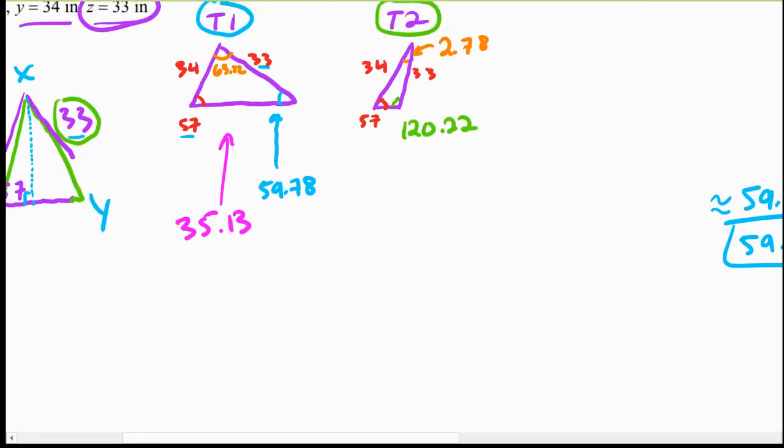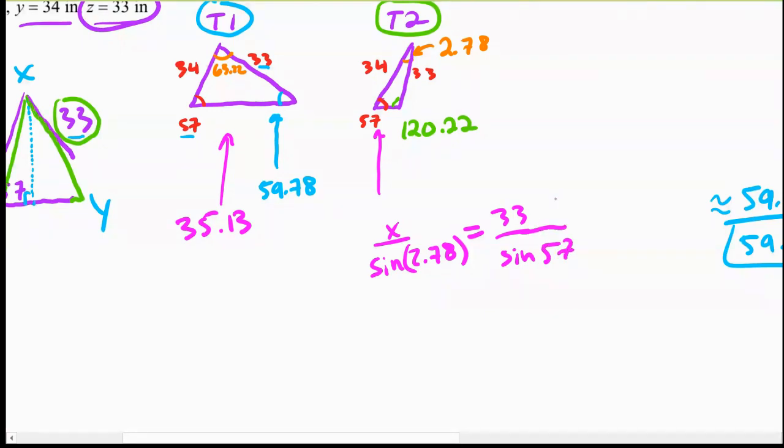I have every angle and every side length. And for this one here, I'm doing the same process. I now need to use the other angles though, right? So I'm going to say x over sine of 2.78, which is going to be a very small value, equals 33 over sine of 57.